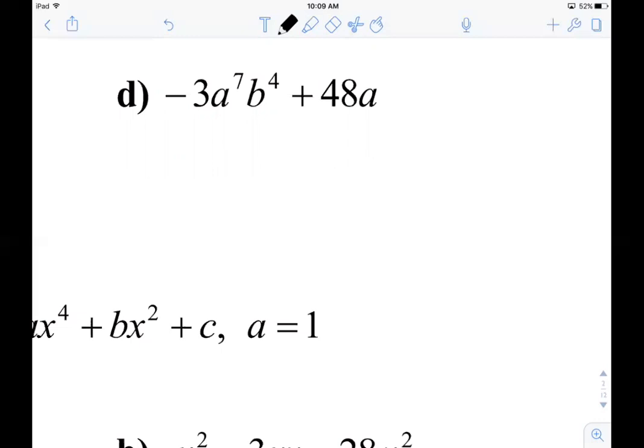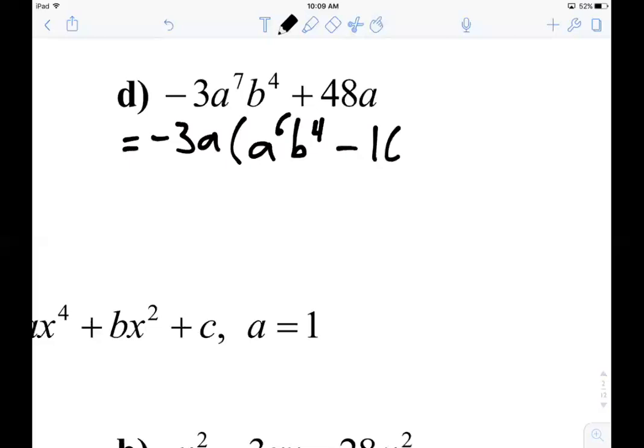Not only that, but the first term is negative, so I'm going to make my common factor -3, and I also have a power of a. So -3a is going to be my common factor, which means left over I have a to the power of 6, b to the power of 4, and minus 16 now. When I take positive 48a divided by -3a, I get minus 16.